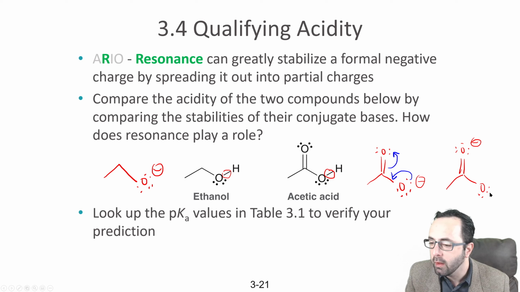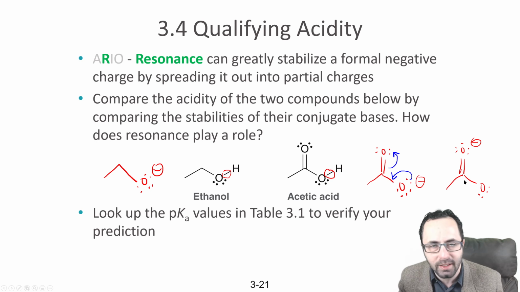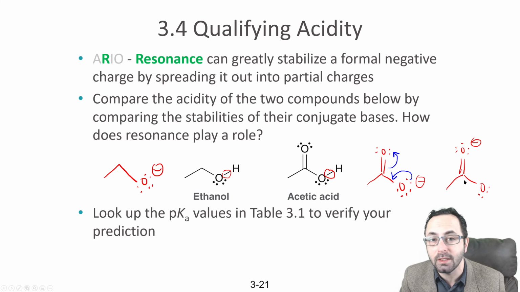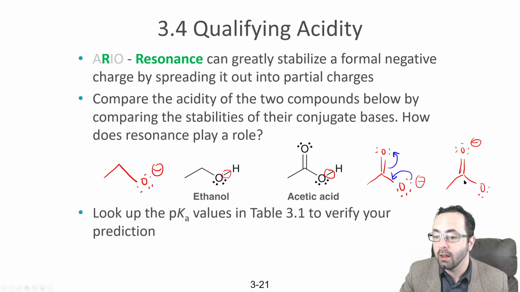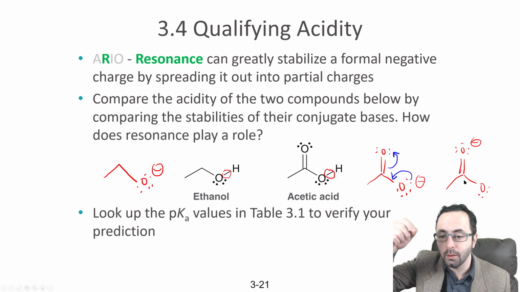However, in this one, the negative charge is spread out over a larger area. I always like to compare it to magnetism. There are some parallels between magnetism and electrical charge. They actually are kind of two sides of the same coin. But without going into too much detail, I like to think of the magnet that you put on your fridge.